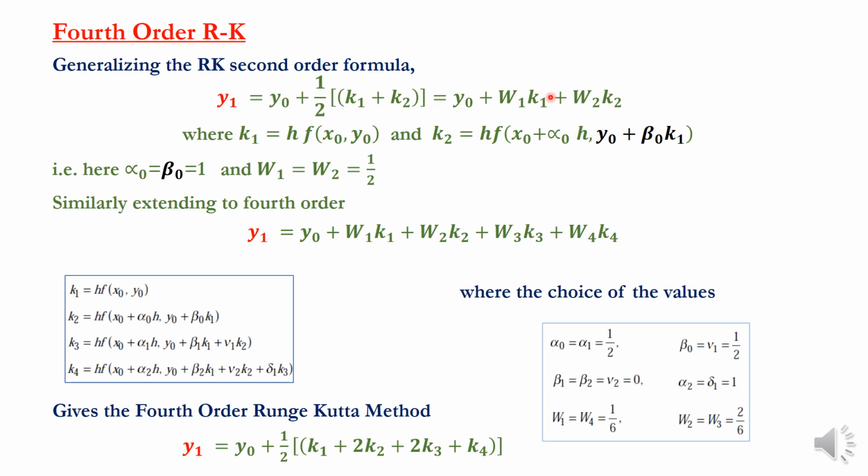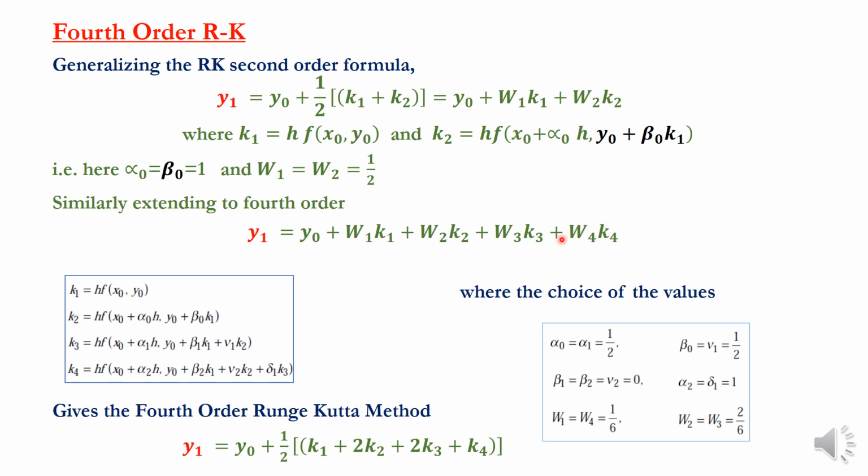So we extend this second order generalized formula to the fourth order, that is we get y1 is equal to y0 plus w1 k1 plus w2 k2 plus w3 k3 plus w4 k4, where these coefficients w1, w2, w3, etc. will be different coefficients.